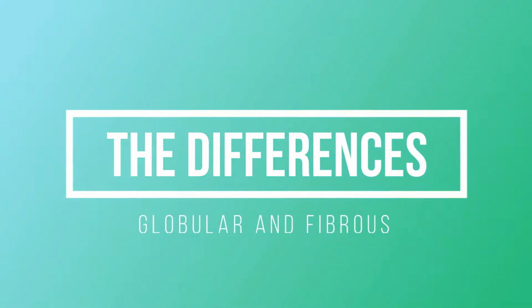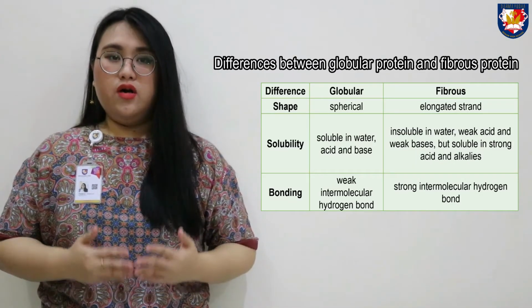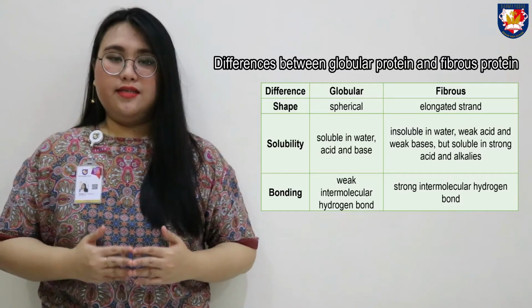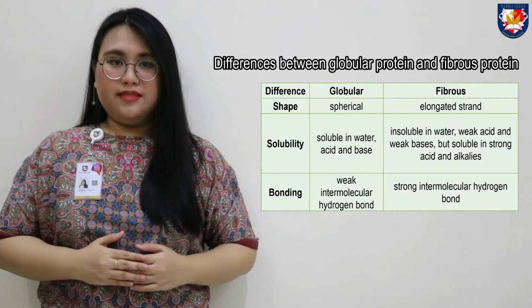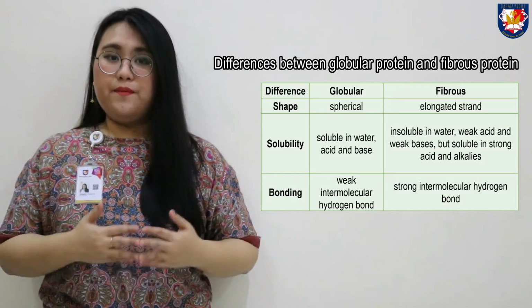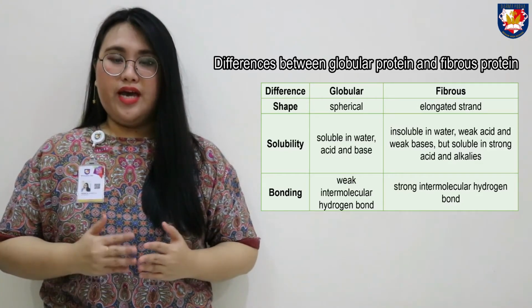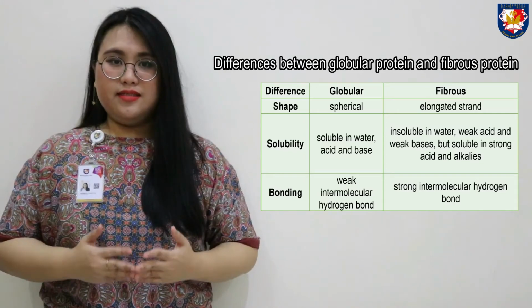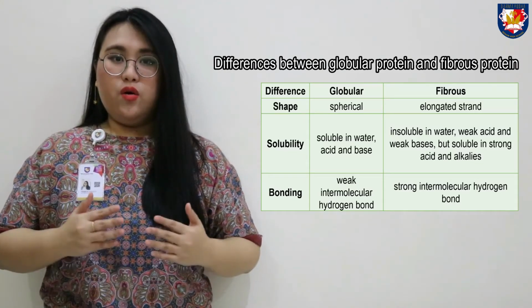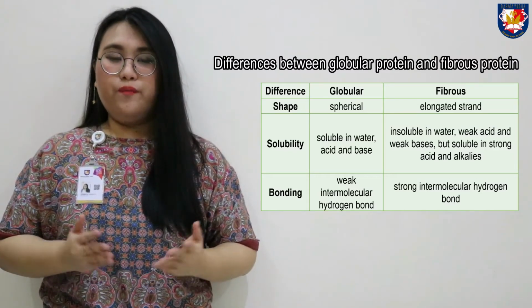Now, let's talk about the difference between globular proteins and fibrous proteins. First, the shape of globular proteins is spherical, while fibrous proteins are elongated strings. Second, globular proteins are soluble in water, acids, and bases, while fibrous proteins are insoluble in water, weak acids, and weak bases, while they are soluble in strong acids and strong bases.